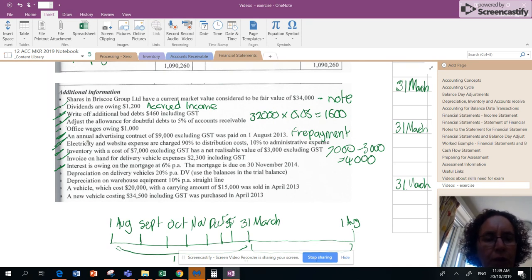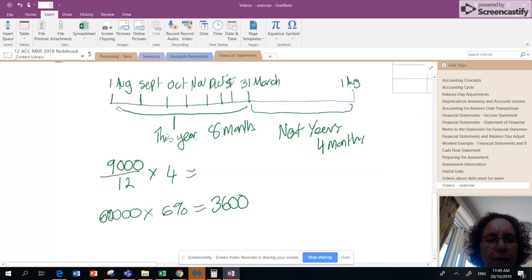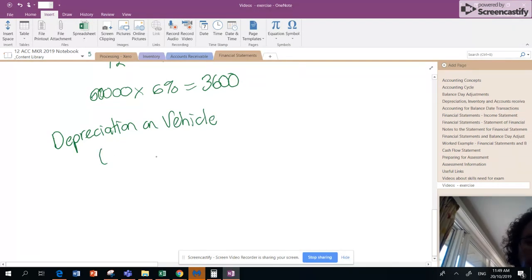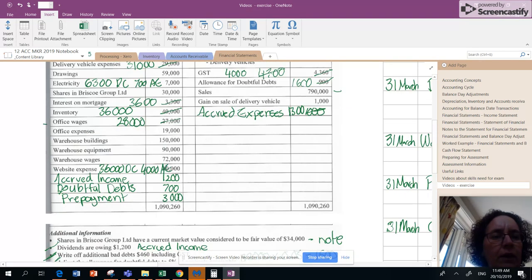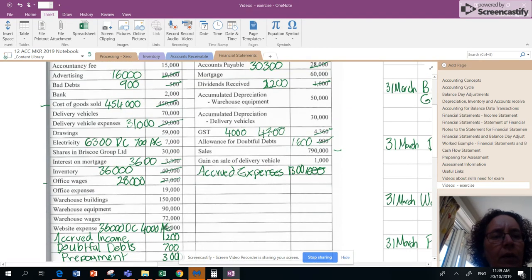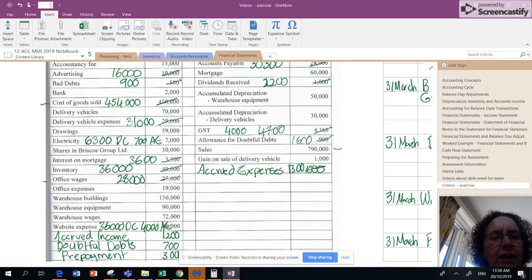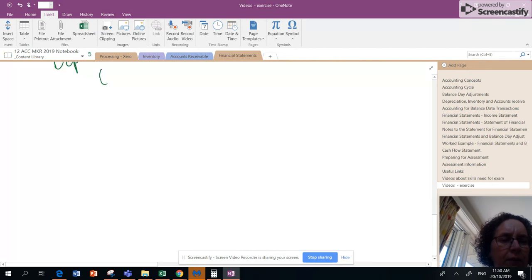In this one, we've got depreciation on delivery vehicles is 20% per annum on diminishing value. So that means that for our depreciation on vehicle, we need to get the carrying amount. So we're going to find the historical cost for delivery vehicles on our trial balance, and it is 70,000, and we'll find that on the debit side.